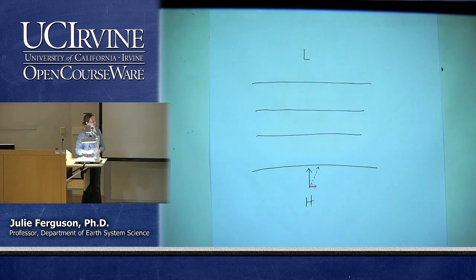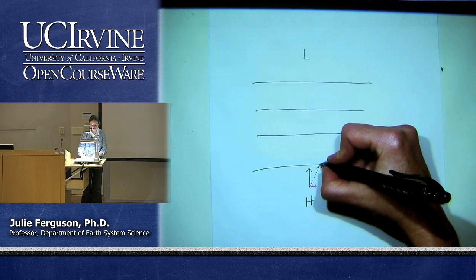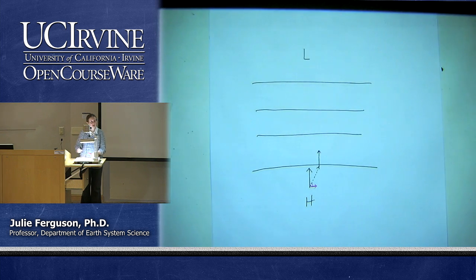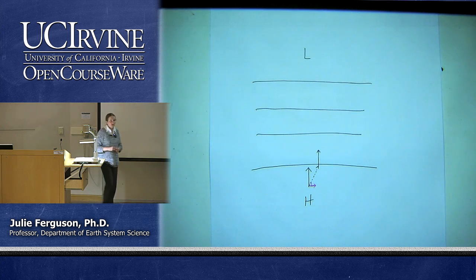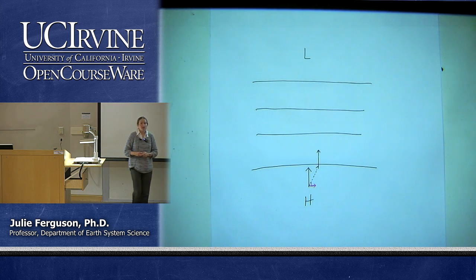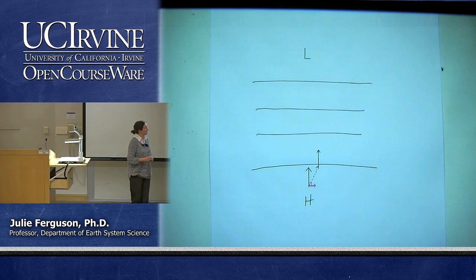what direction is the pressure gradient force? It's still the same, right? It's still feeling the same force due to those isobars. So our pressure gradient force is still going to go up like that. But remember that our Coriolis force acts at 90 degrees to the direction of motion.